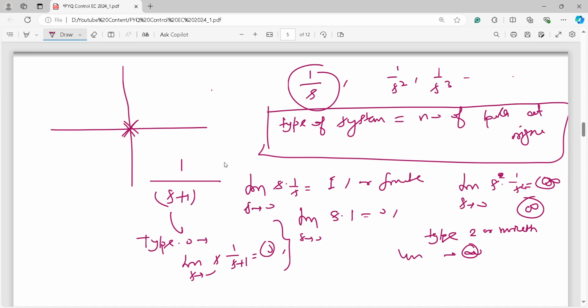Okay, so which gives the correct answer, right?